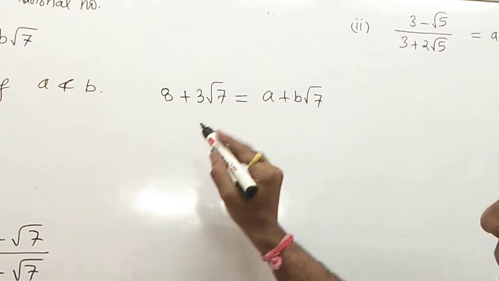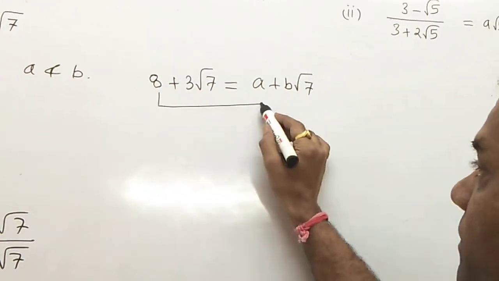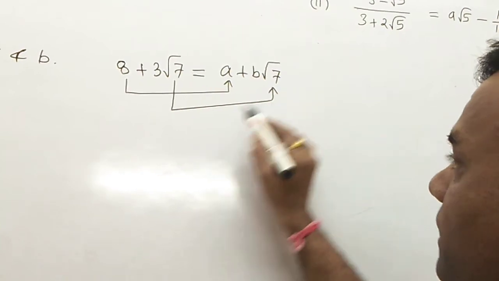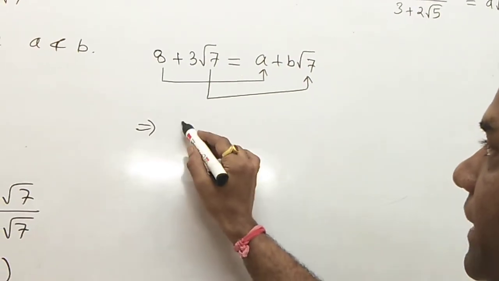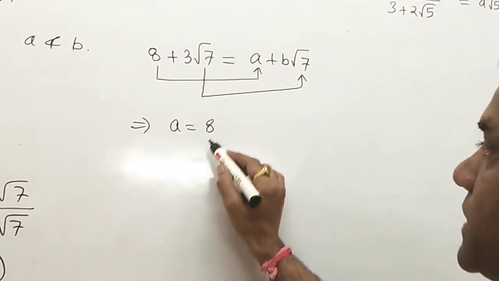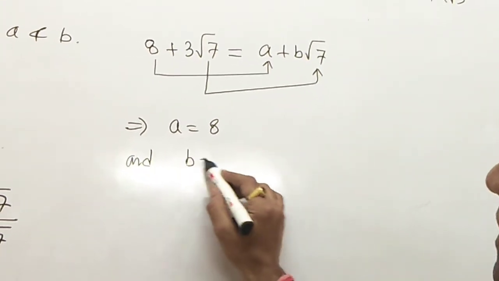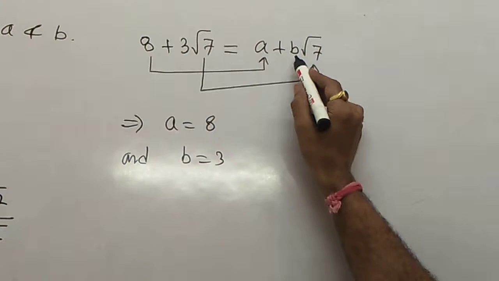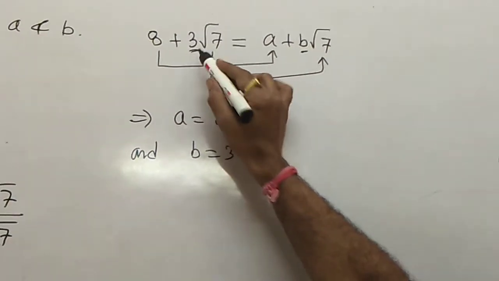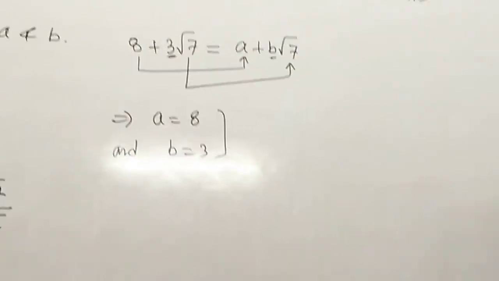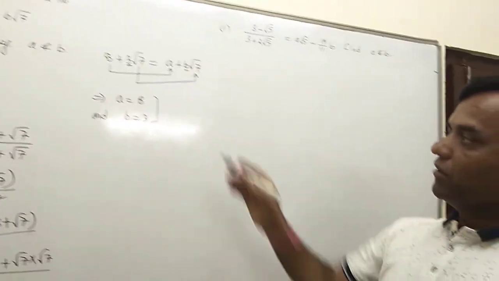Then compare the constant with the constant, and root 7 with root 7. After comparing we have a equal to 8 and b equal to 3, because root 7 is cancelled out. So after comparison you find out the values of a and b.